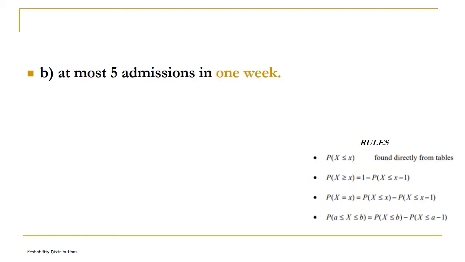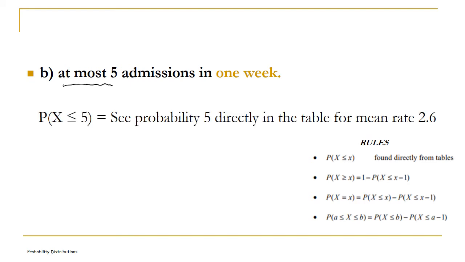The next question is saying at most 5 admissions in 1 week. The first thing is that I have to write down at most 5 in mathematical notation. This is how we write at most. Once this is done, I will check the value of 5 in the table for mean rate 2.6.